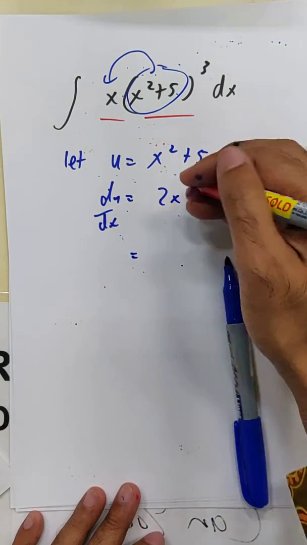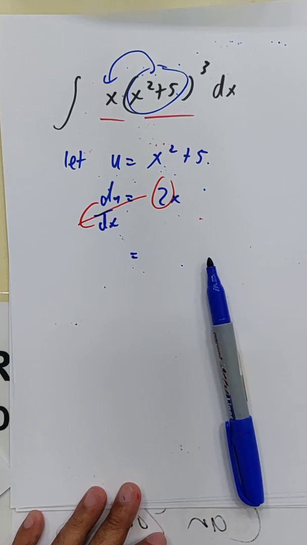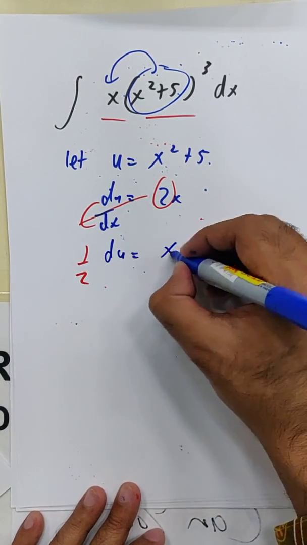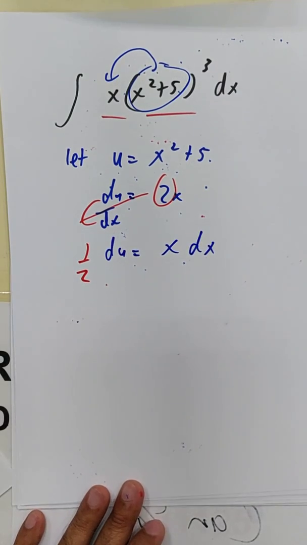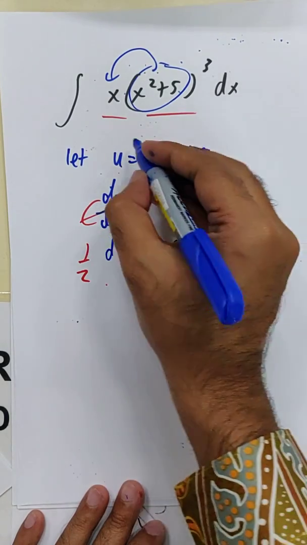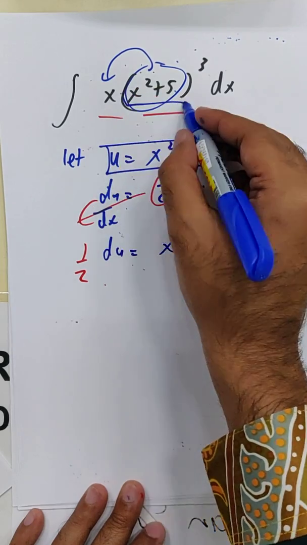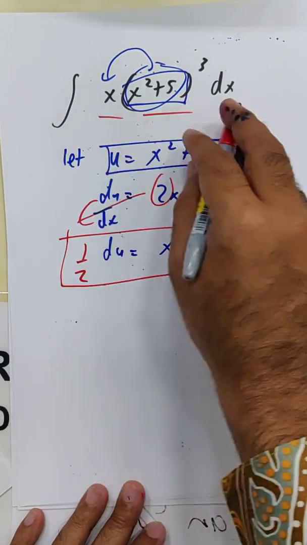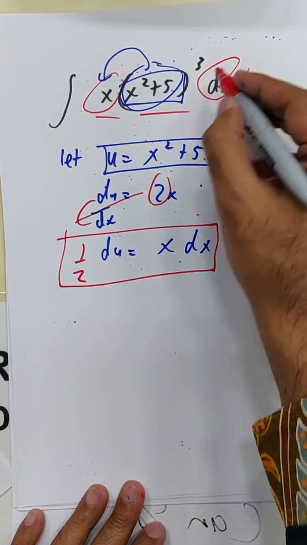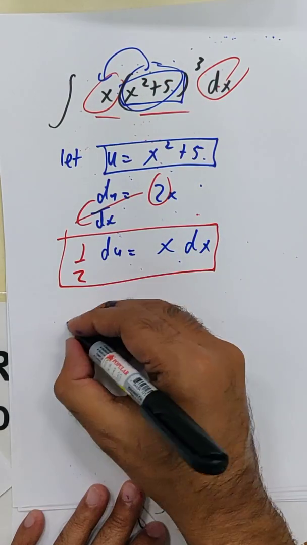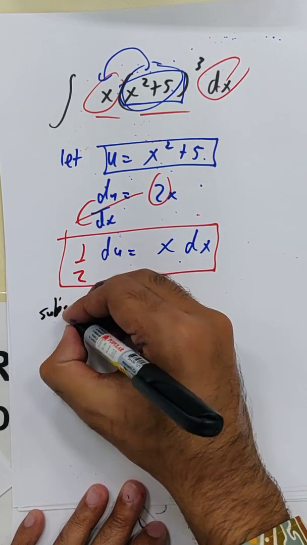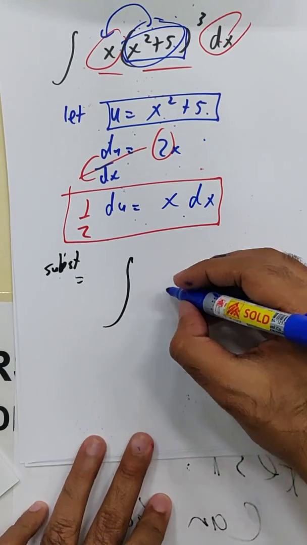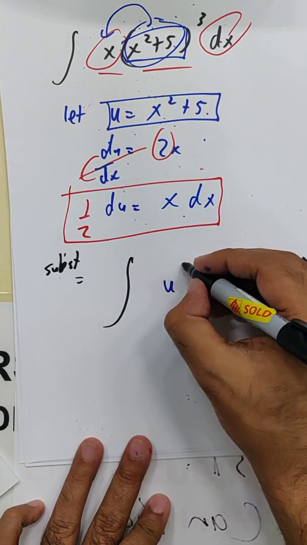The easiest way is that I don't need it here, so I transfer it down here. So 1 over 2 du equals x dx. And then over here, substitute as what we did just now. Can I see x dx? I can see x dx. This one here, u to the power of 3.